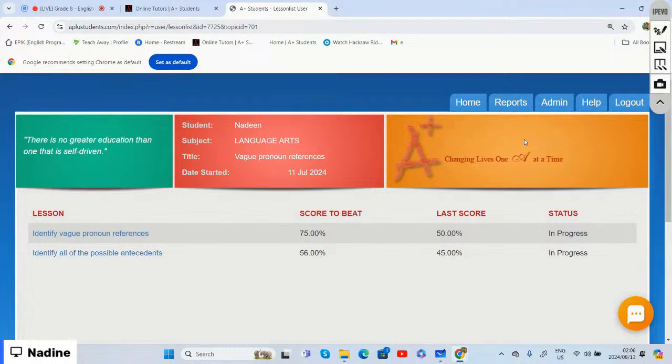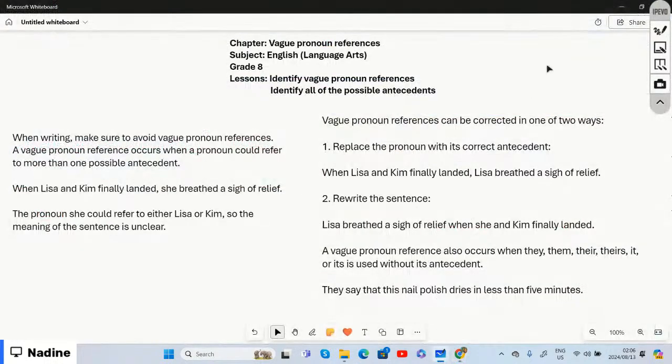All right. So when it comes to vague pronoun references, before we start, our chapter is vague pronoun references. Our subject is English language arts, grade 8.